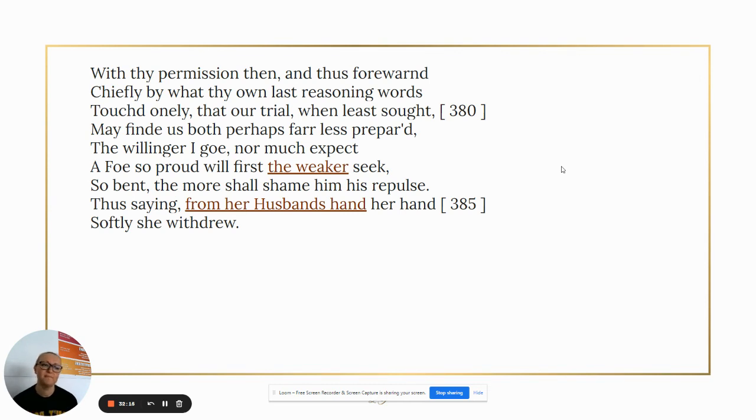"Thus saying, from her husband's hand, her hand softly she withdrew." And that's it. This is going to be the last time that they enjoy a moment together as this completely innocent, immortal, pure couple. She's going to come back changed.